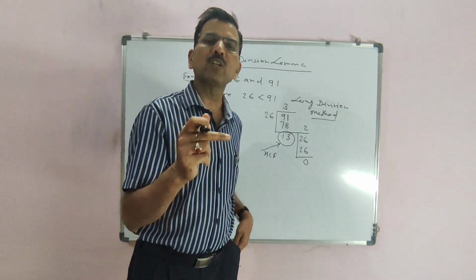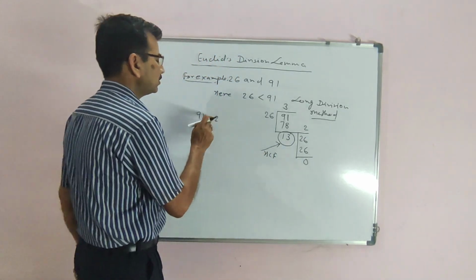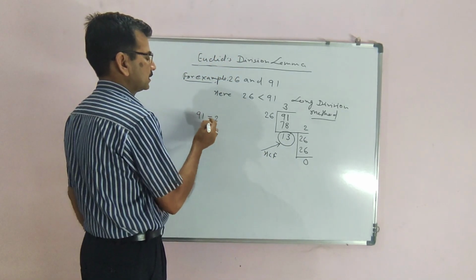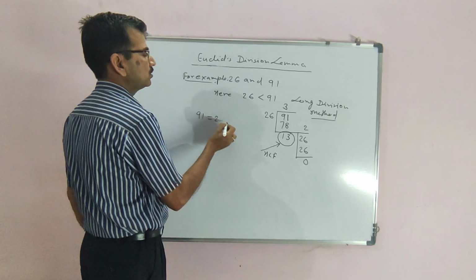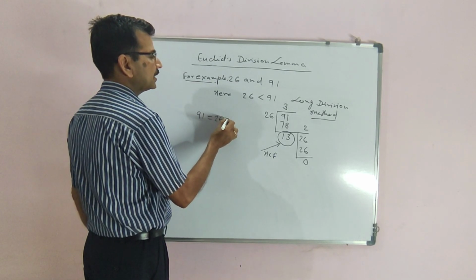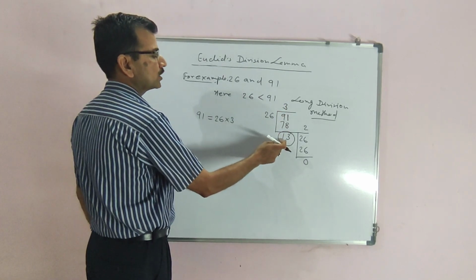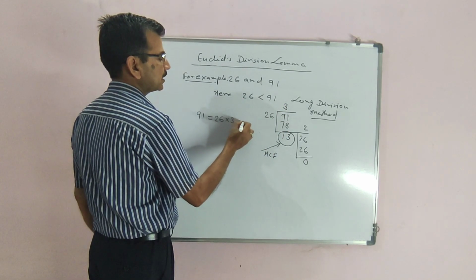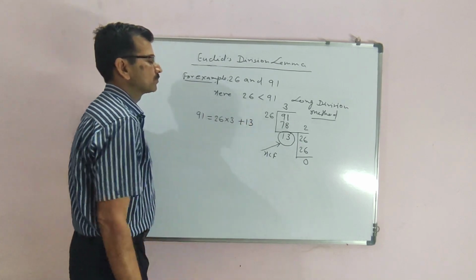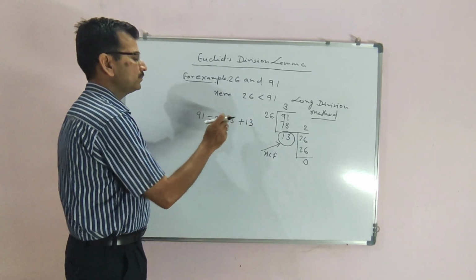Again you recall A equals BQ plus R. So applying that concept, 91 is equal to 26 into 3, then what is the remainder left here? 13. Yes, very good.